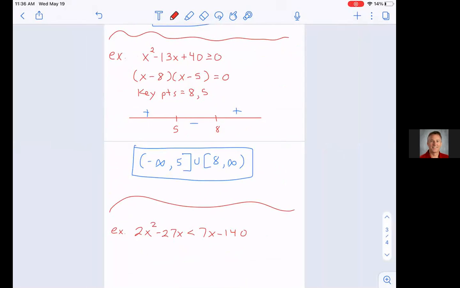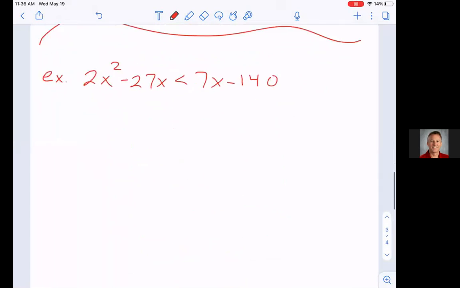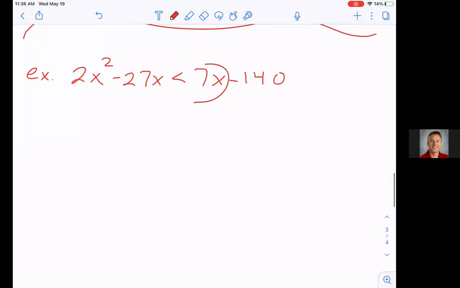So all we do is move everything to one side. I'll move the 7x over. I'll move the 140 over. So I'm going to get 2x squared minus 34x, and then plus 140, and now is less than 0, and now it's similar to the problem above.